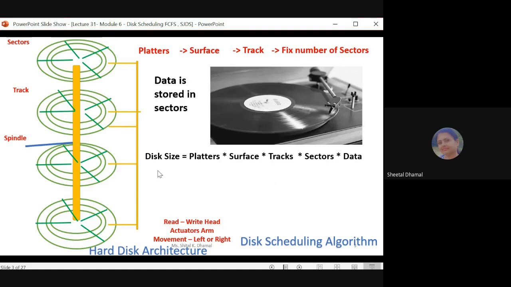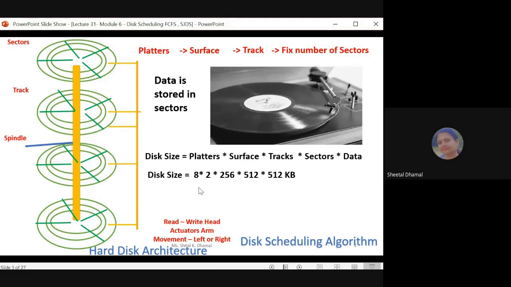Now if this information is given and you have to find the size of the hard disk, we can find it by multiplying the number of platters with the number of surfaces, multiplied with the number of tracks, multiplied with the number of sectors, multiplied with the size of the data which is saved in one sector. See how we can find it here.